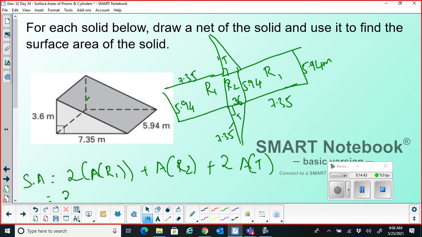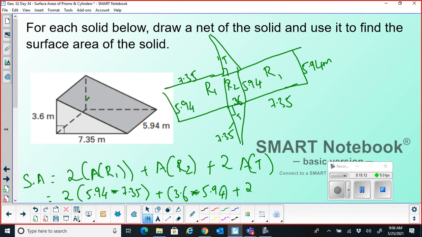Let's substitute in this. 2 times area of this particular rectangle is 5.94 times 7.35. And the area of the second rectangle is 3.6 times 5.94. Then the area of triangle is half of base times height.